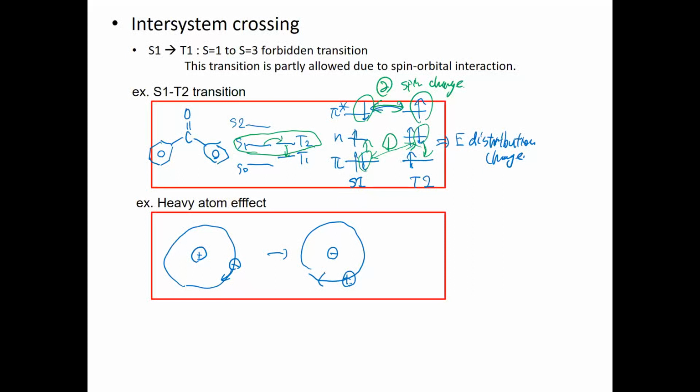And if the positive charge rotates, it gives a magnetic field like this. This magnetic field could, again similar to the previous S1 to T2 transition, change the spin of the electron.